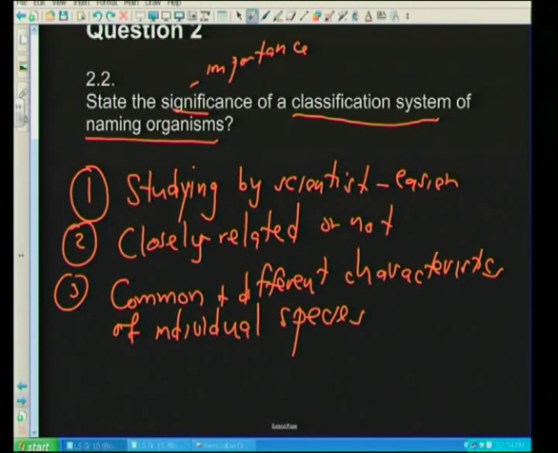So the significance of classifying is, firstly, studying by scientists becomes easier. We are able to see whether organisms are closely related or not, and we are able to see the different and the common characteristic features of individual species. And there you have the significance of the naming system of organisms.